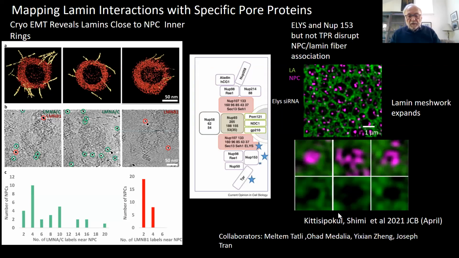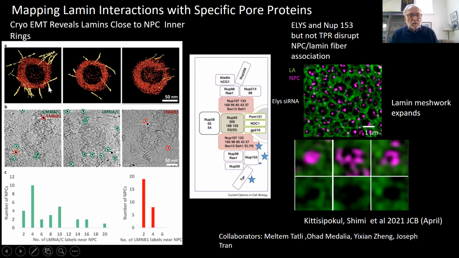And here, in a further collaboration with the Medalia Lab and with Melton Tatley and Ohad, we've been able to show that the lamin fibers, lamin filaments in the electron microscope using cryo-EM tomography, actually associate quite frequently with the inner ring structure.